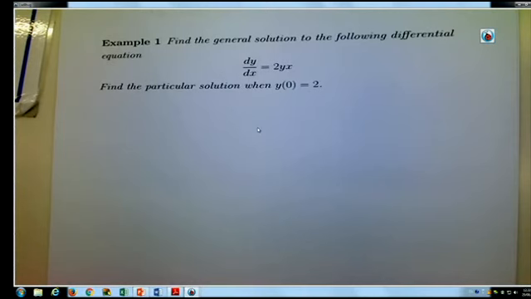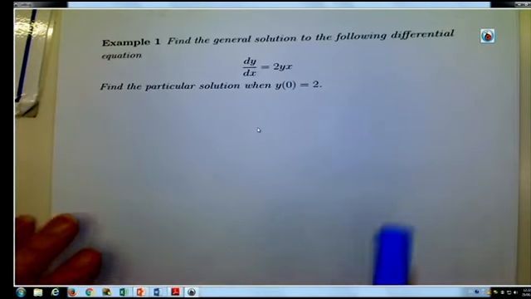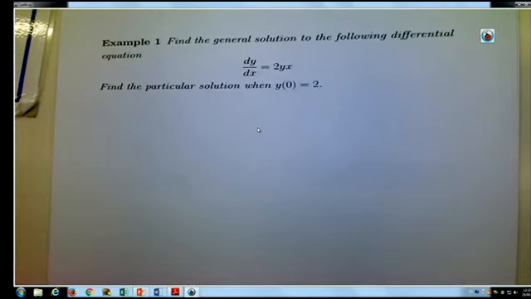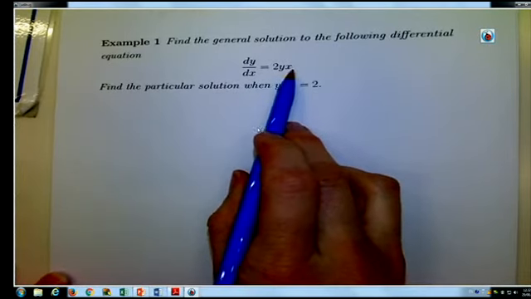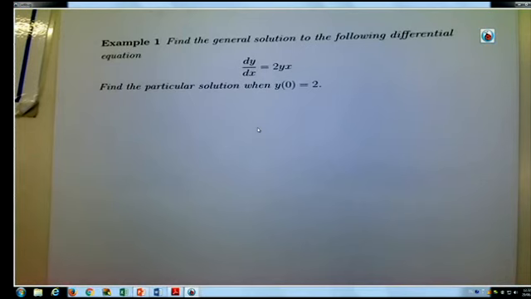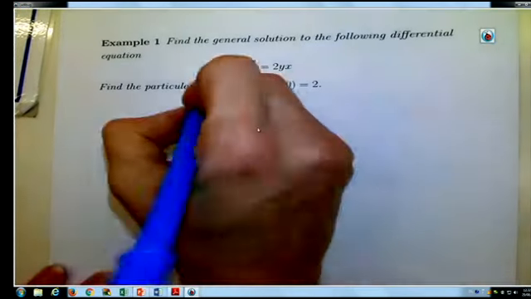It's first order, because the highest derivative is a first derivative. And it's also separable, right? Because I can separate this into a function of y and a function of x. And because I can do that, I can put all the y's on one side and all the x's on the other side, and then I can integrate.